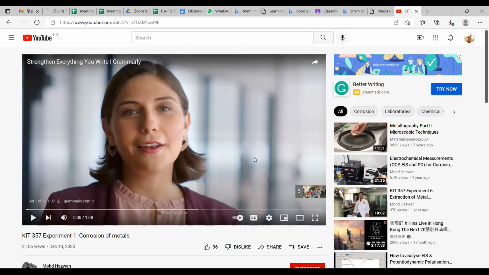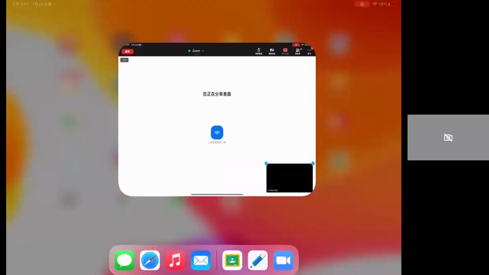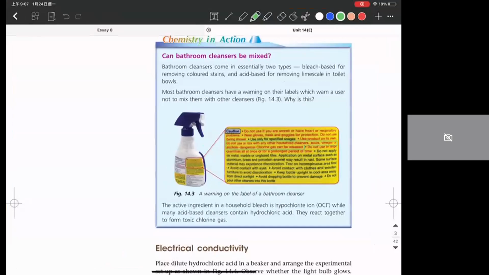Can you see that? It's the book. I just share the book here. Yes, that's right. Now this one again. Have you ever seen it?